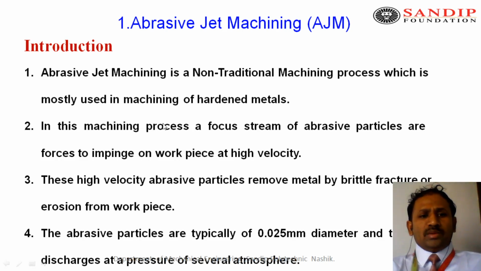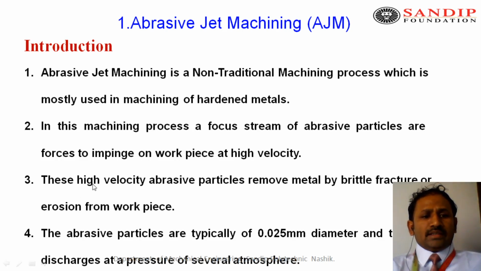Now, in this machining process, a focused stream of abrasive particles is forced to impinge on the workpiece at high velocity. Because there is no contact between cutting tool and workpiece, how is the material removed? In non-traditional machining processes, material can be removed by erosion, spark, melting, or vaporization.